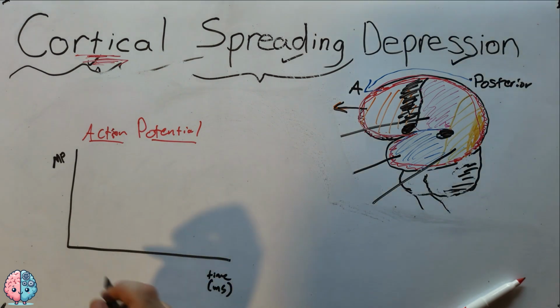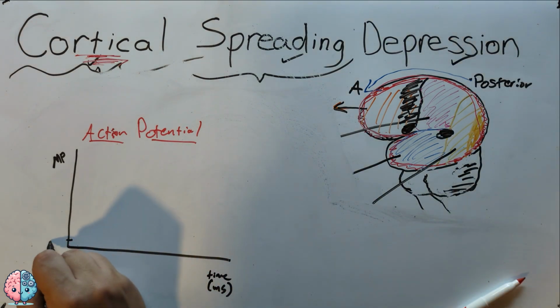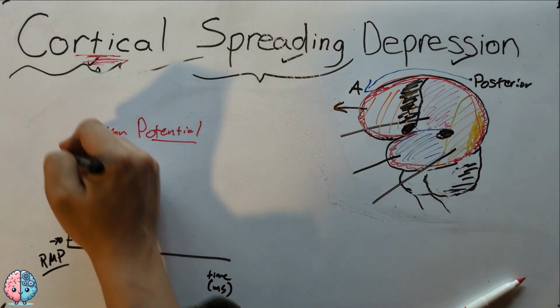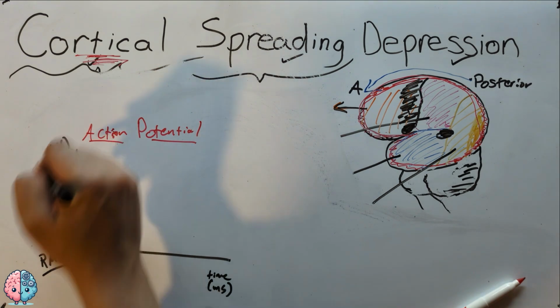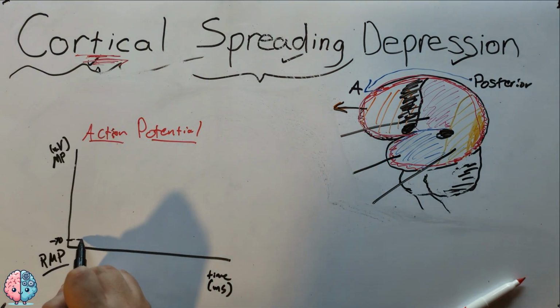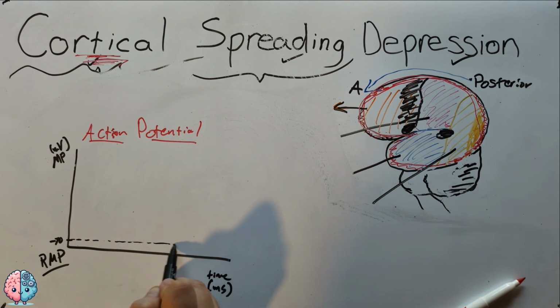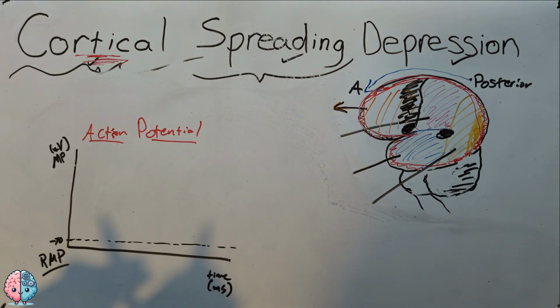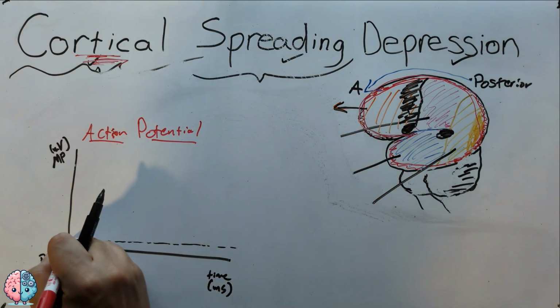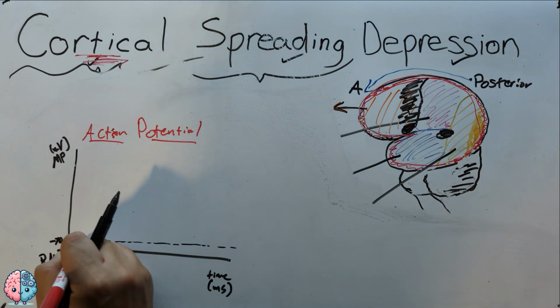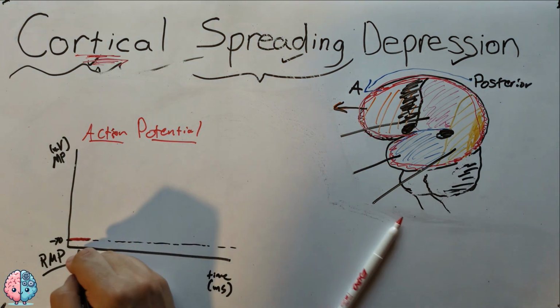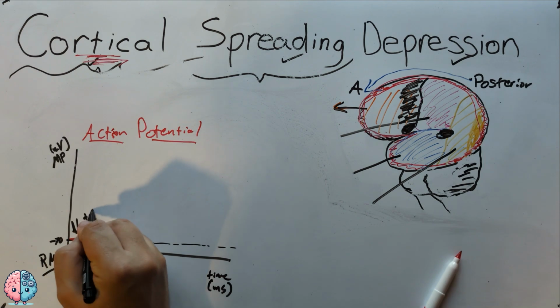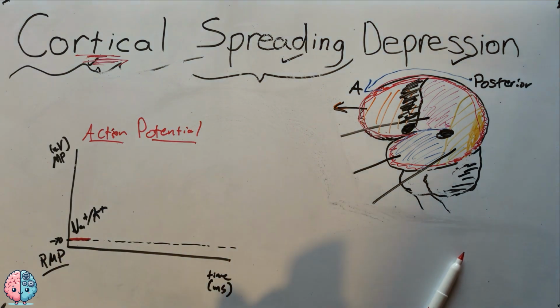Now, neurons have a resting membrane potential of -70. This is the resting membrane potential of -70 millivolts. And this is maintained, so this is the resting membrane potential. And this is the neuron, okay? This is maintained by the sodium-potassium ATPase pump.